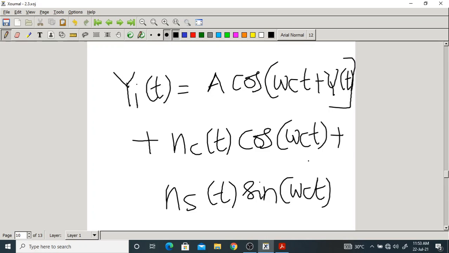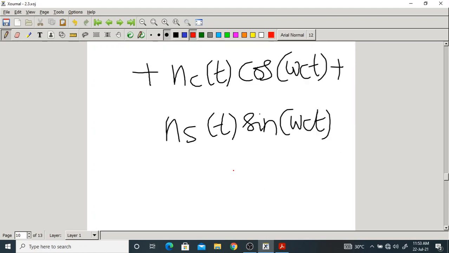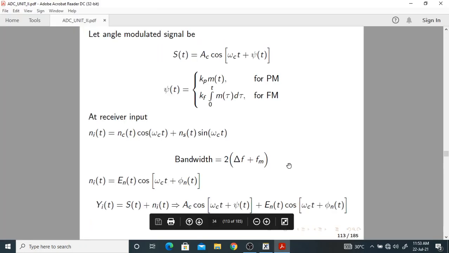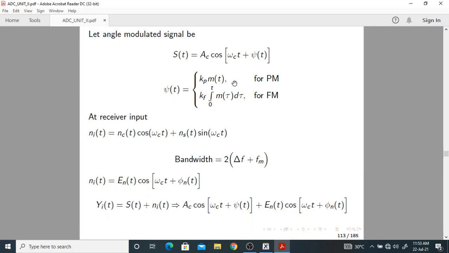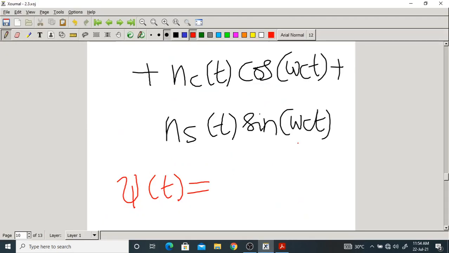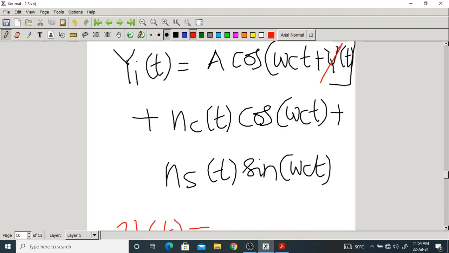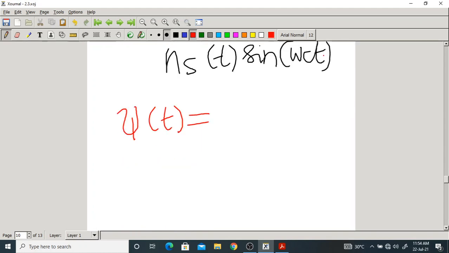Correct? Now, while finding the signal power, we assume that there is no noise. While finding the noise power, we assume that there is no message signal. So, what is psi of t? Psi of t equals kp m of t, or kf integration of m of t. If m of t is 0, psi of t is 0.